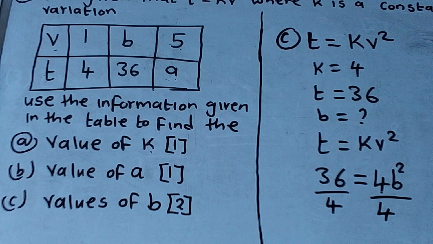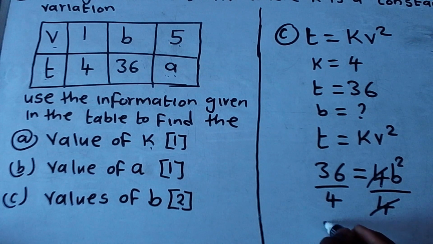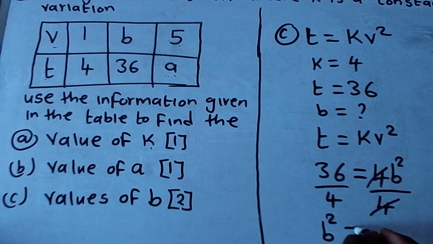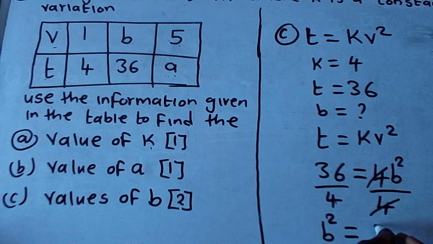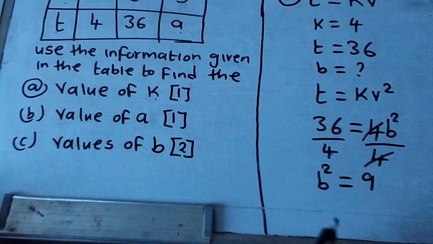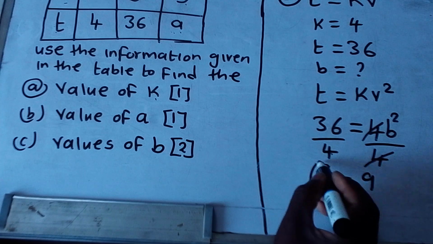You are able to follow just like this. So, what do you do next? You eliminate this and this. So here it will be B squared equals, how many times can 4 go into 36? It's 9. Now, have you seen this B? It's B squared, so you have to introduce the square root.